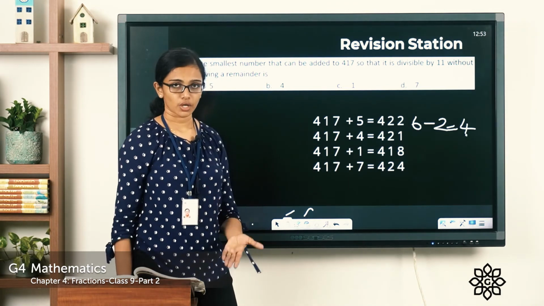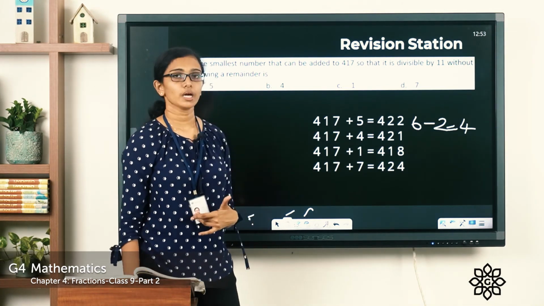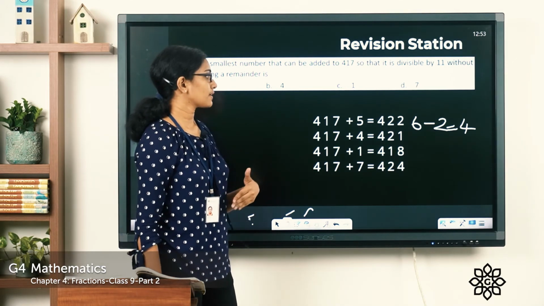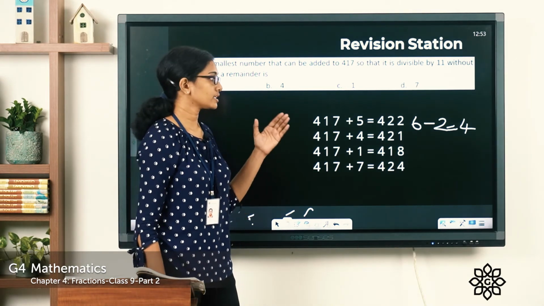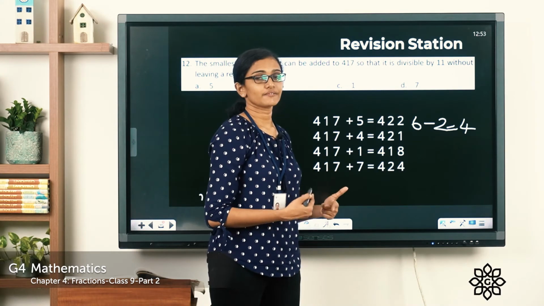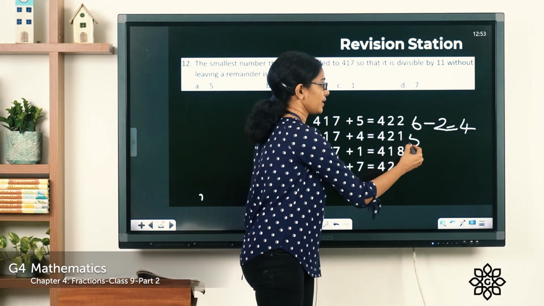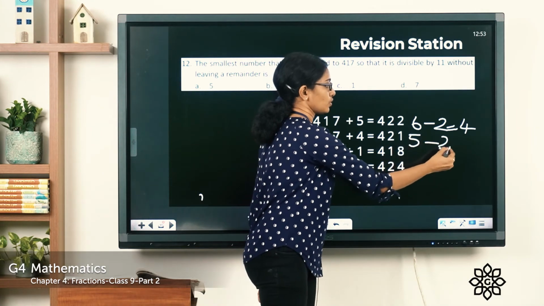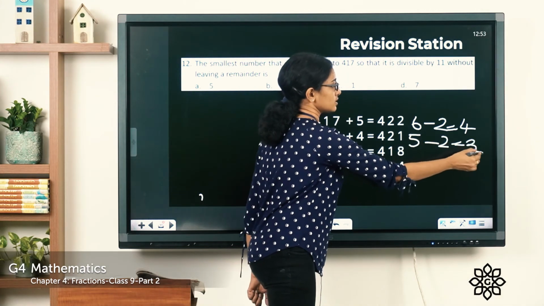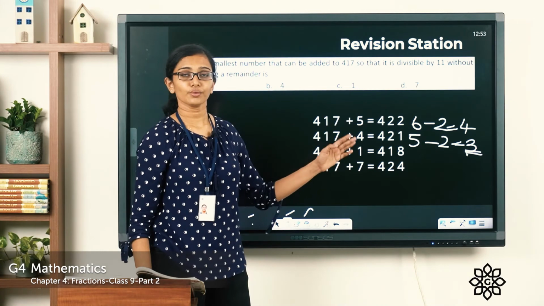Let's consider the next option, 417 plus 4. 417 plus 4 is equal to 421. Let's take the difference of the sums of alternate digits. 4 plus 1, 5, minus this 2. Here also this difference is neither 0 nor 11.